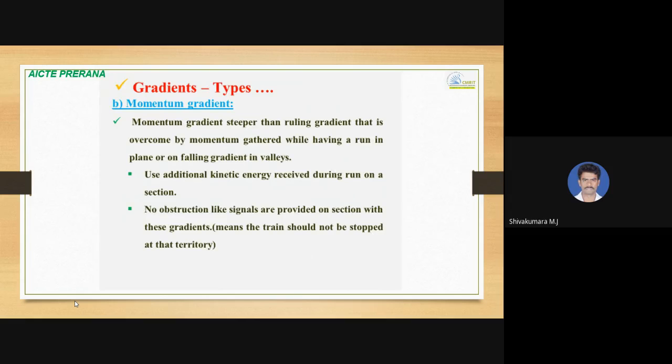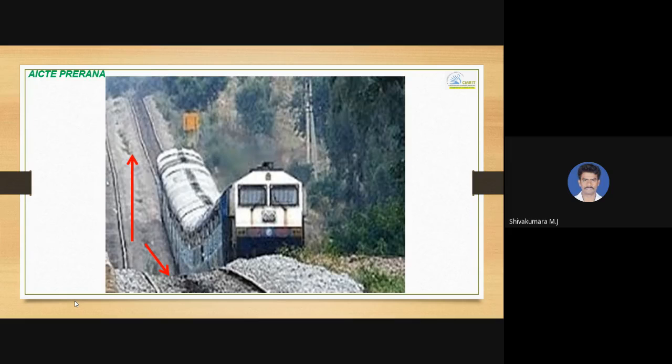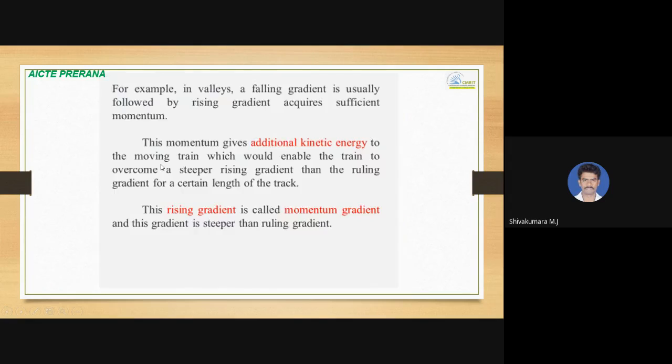It is not acceptable. So you can see the diagrammatic representation of a photo where momentum gradient is provided. It's a falling gradient and this is a rising gradient. So here, to climb this steeper gradient, it is using the kinetic energy which is stored while the locomotive is passing through. So for example, in valleys, a falling gradient is usually followed by a rising gradient, and the train acquires sufficient momentum.